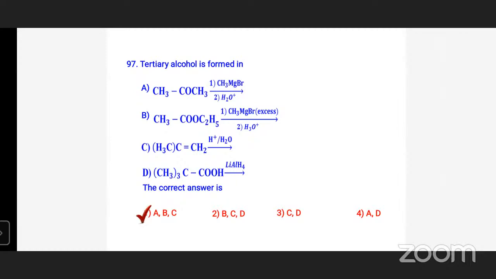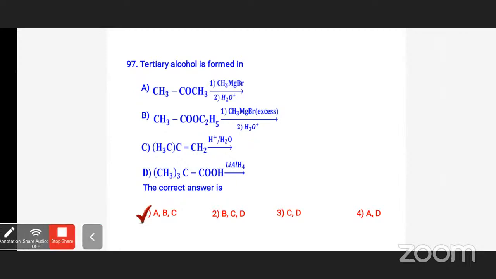And carboxylic acid CH3COOH with lithium aluminum hydride. So the correct option is A, B, C, or B, C, D, or C, D, or A, D.